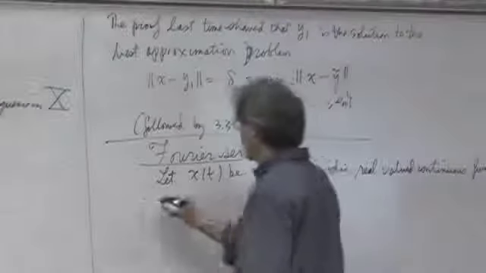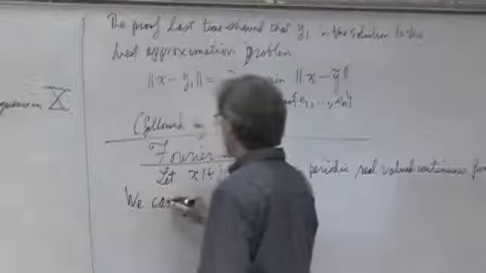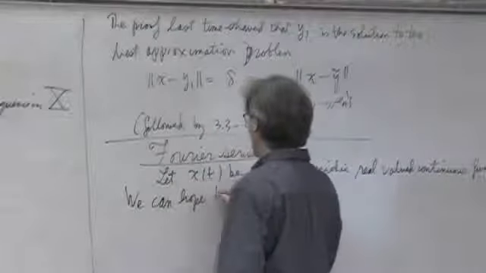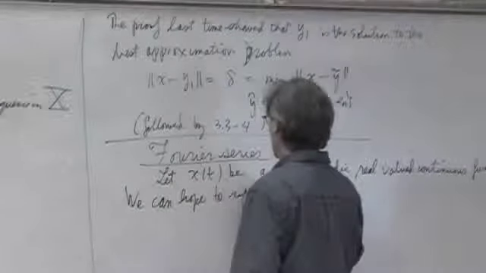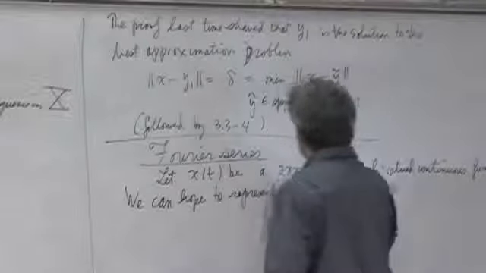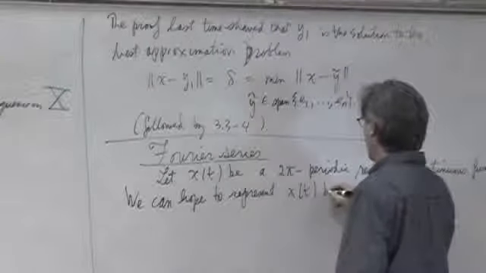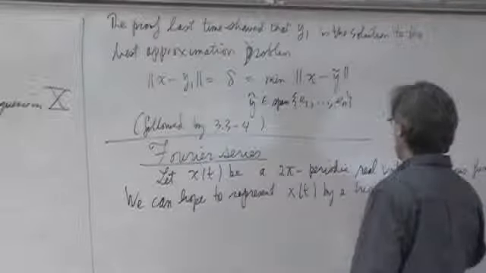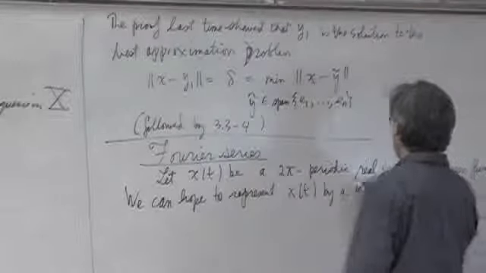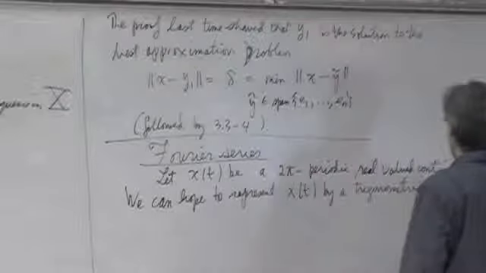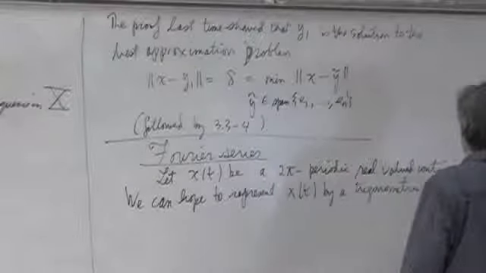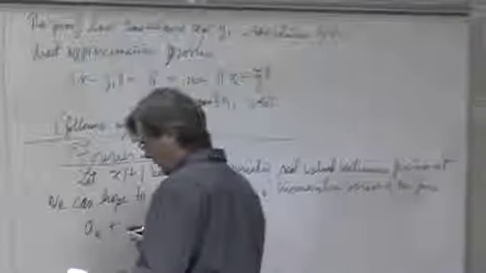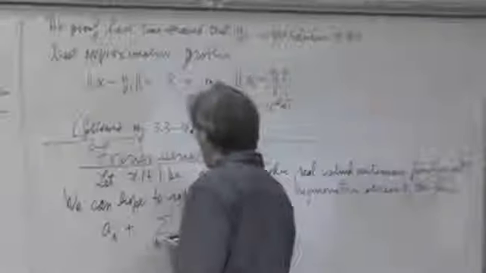And we can hope to represent x of t by a trigonometric series of the form a0 plus the sum from k goes from 1 to infinity.